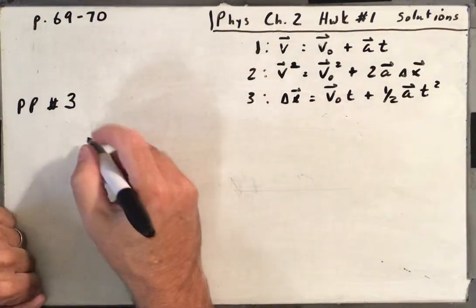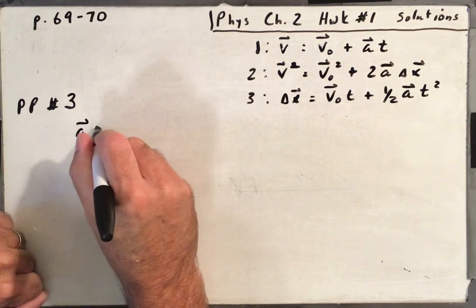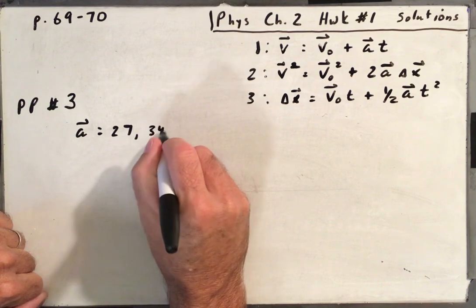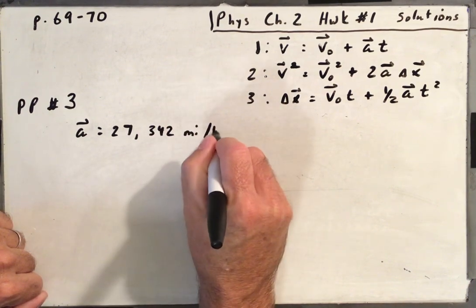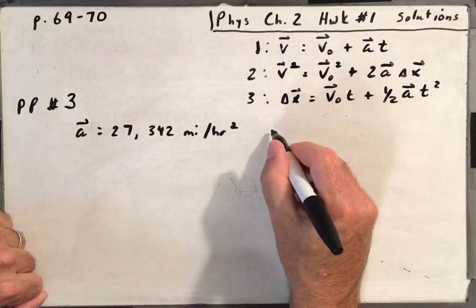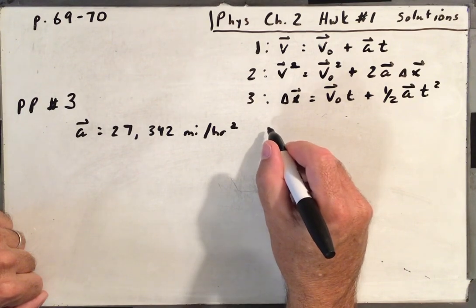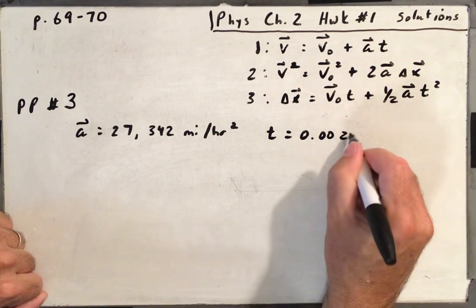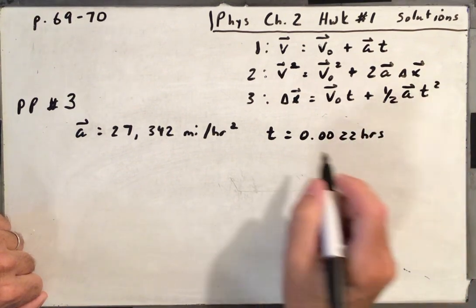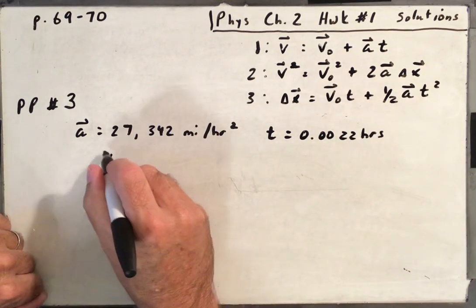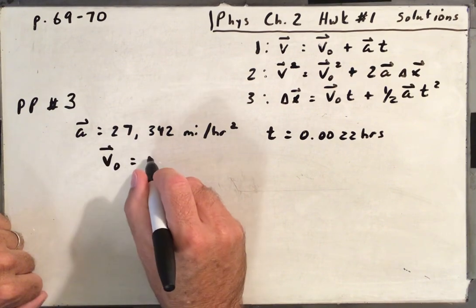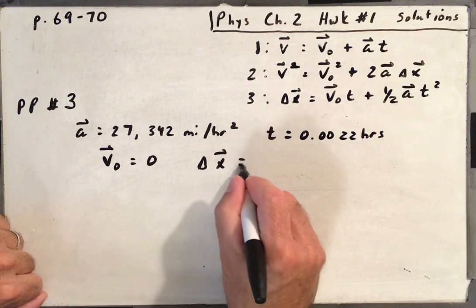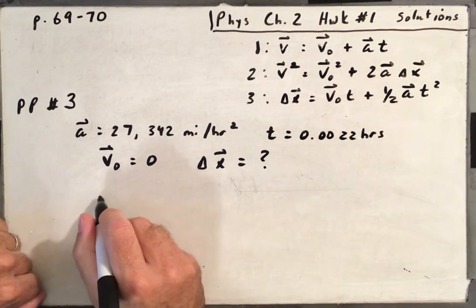Well, we know acceleration, that's 27,342. We know that time in the previous problem is 0.0022 hours. We know that the initial velocity, it started from rest, is 0. So how far, we're trying to get displacement, and I would use equation number 3.